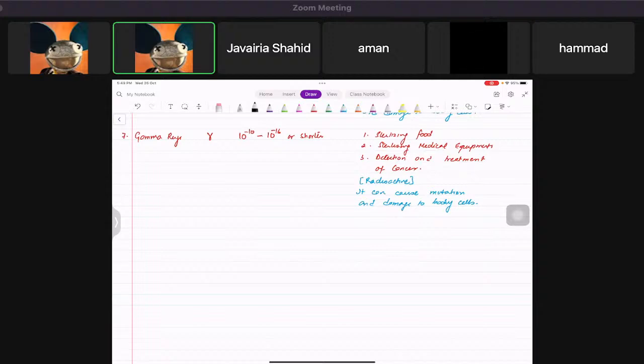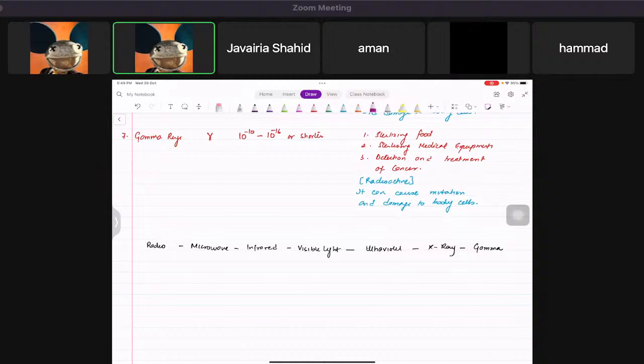The series starts from radio, then it goes to microwave, then infrared, then visible light, and from visible light, ultraviolet, X-ray, and gamma.